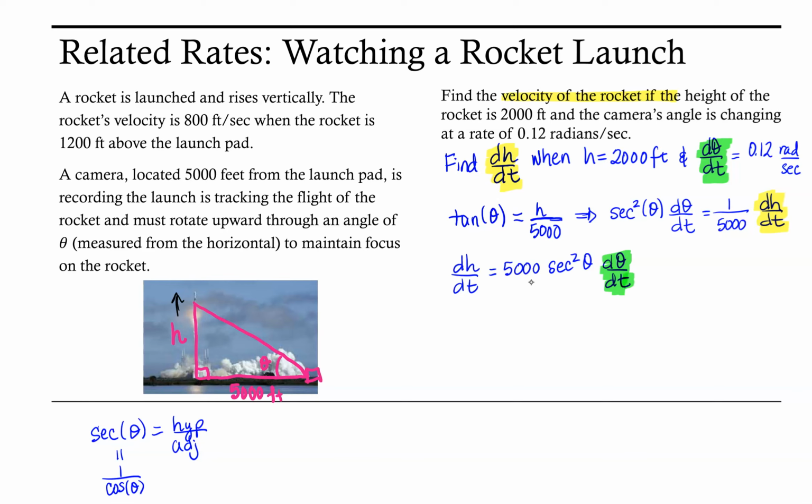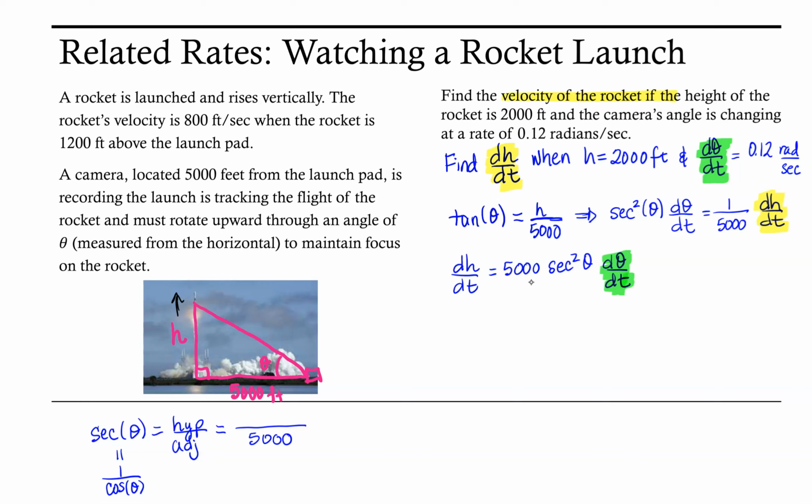So to determine what secant theta is and then square it, we need to know the ratio of hypotenuse to the side adjacent. Well, the side adjacent is easy. That is always 5,000 feet because the camera is always 5,000 feet from the launch pad.